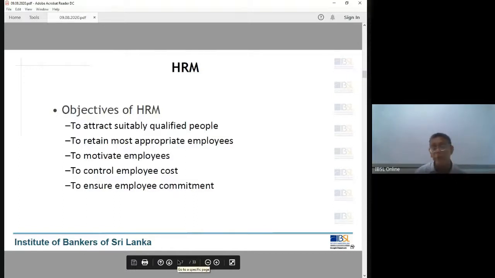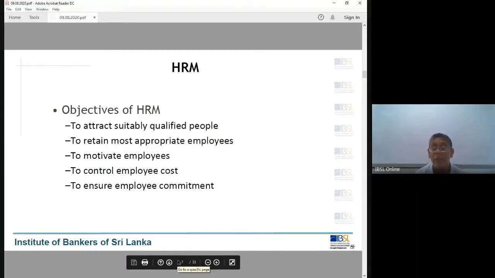And mind you, in a bank scenario, the main cost is interest cost. Remember that for the bank, the main cost is interest cost, the cost you are paying to depositors. What is the next largest cost in an organization? Nothing else: employee cost, salary, other benefits, right?